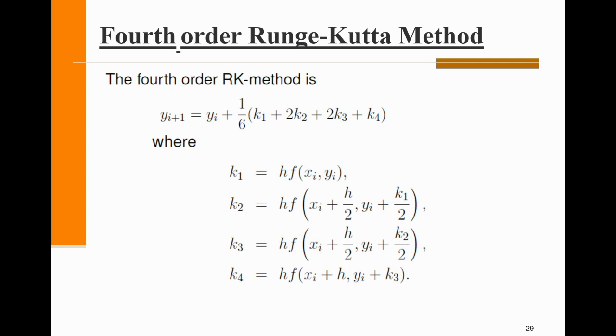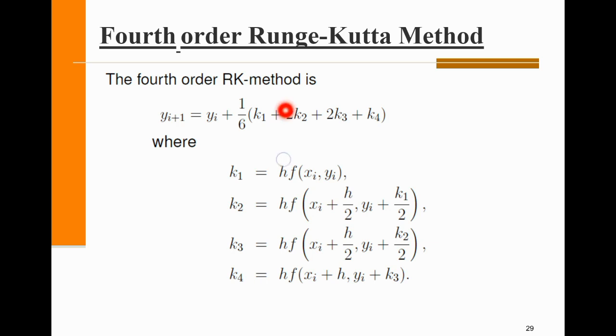Now, what is the Runge-Kutta method actually? The fourth order Runge-Kutta method is known as the RK method, right? Remember students, in your exam, if it is written Runge-Kutta method, it means the Runge-Kutta fourth order method, right?